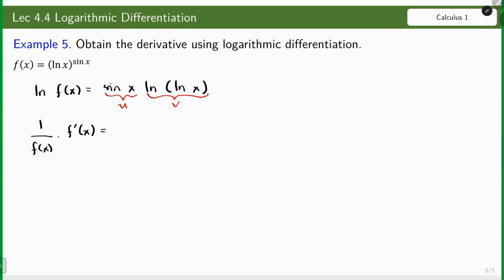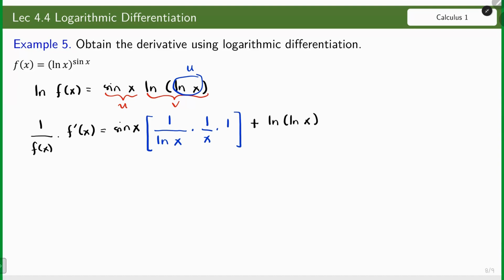Okay, u dv. The derivative of v is 1 over ln x, because this is our first u, ln of u, 1 over ln x times the derivative of ln x, which is 1 over x times 1. And then after that, we have plus v du, ln of ln x times the derivative of u, which is cosine x.